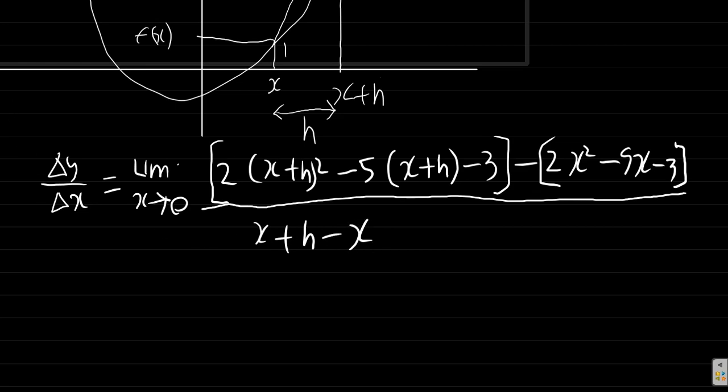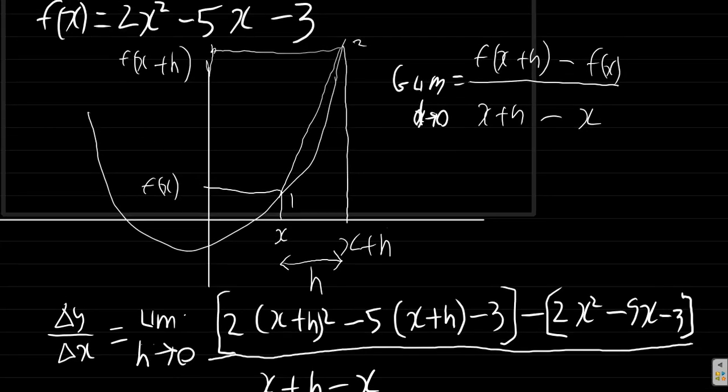Oh, what did I write back? It's h that is tending to 0, alright? So remember here, h is tending to 0. h is a small change in x. You have x and then you go a little further, x plus h. I'm going to imagine that the 2 points get closer and closer together, right?